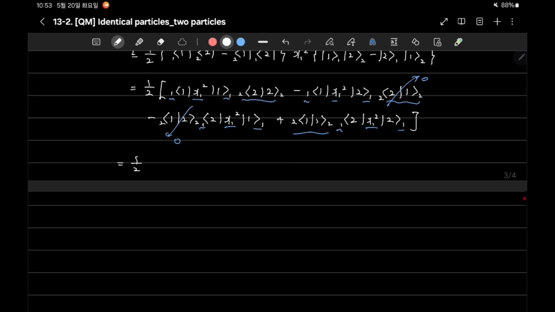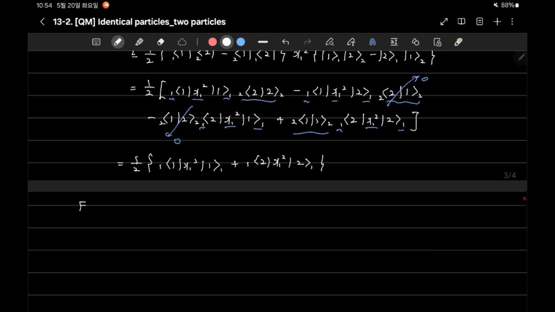It is 1 over here, x1 squared, and 1 plus 2, x1 squared, and 2 1 here. It is x1 squared expectation.